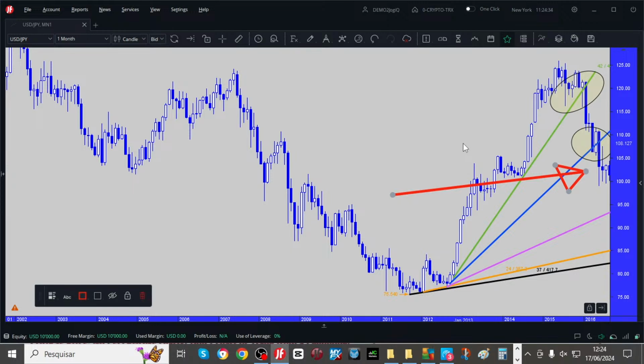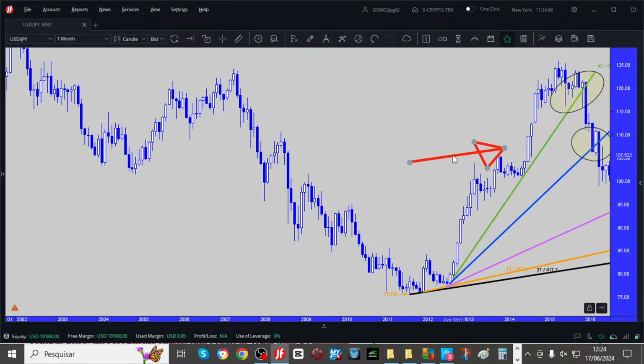Alright everybody, sorry about that. Short term sell, long term buy. Very good. Exactly everybody, you as an analyst, you will tell your trader, okay dear trader, USD JPY on the monthly chart, short term is down, but long term is still a buy.